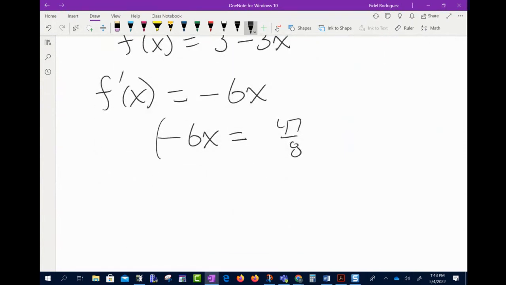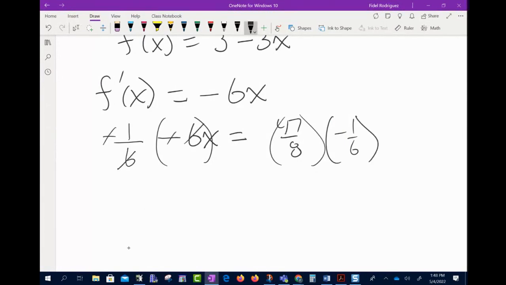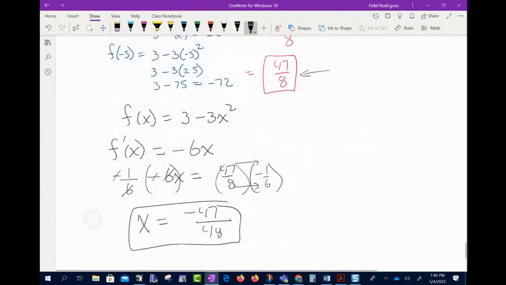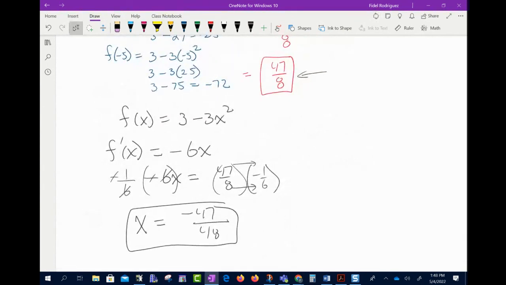Could we multiply everything by negative 1/6? Those 6's will cancel, a negative and a negative gives me a positive. 47 times negative 1 is negative 47. What's 8 times 6? 48, and that's my answer.